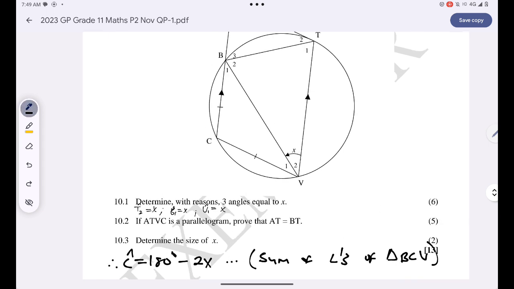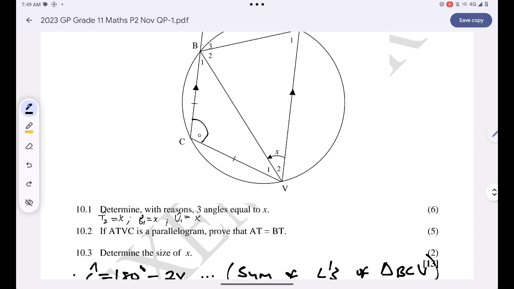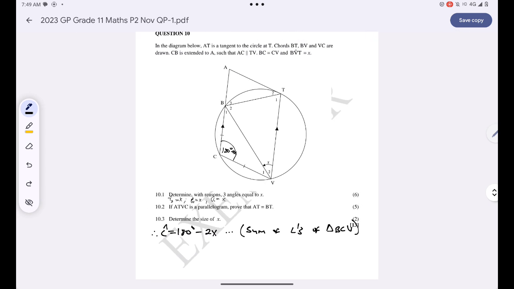So since this thing is a parallelogram, I have 180 minus 2x. Since this is a parallelogram, it simply means that AT is parallel to CV. Are you together? Remember that the opposite sides of a parallelogram are always parallel and equal.